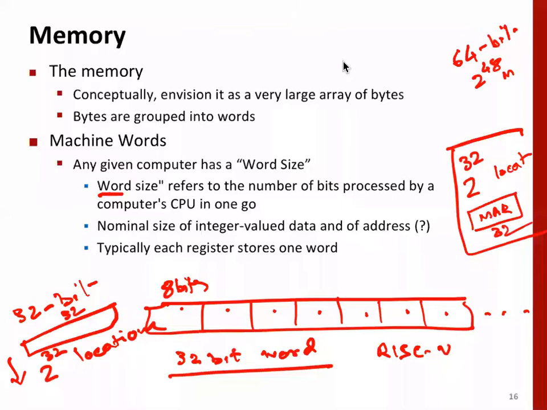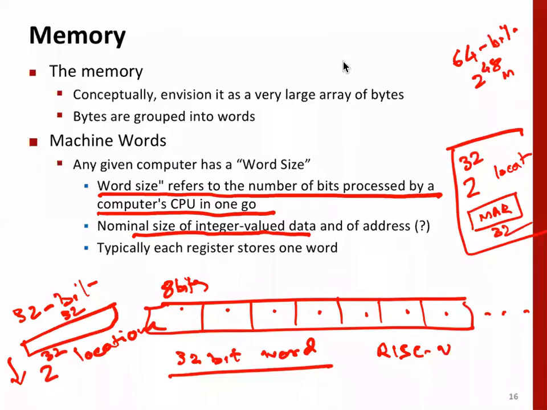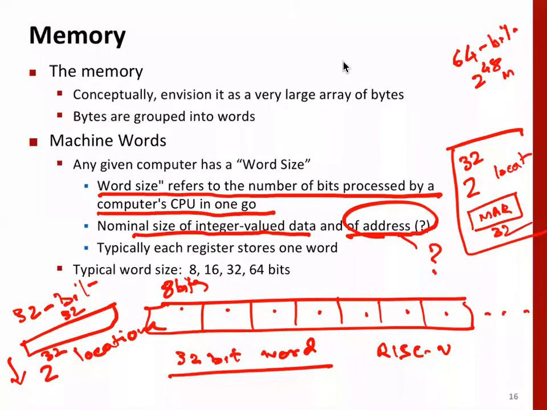In the literature you'll also find different things. Word size refers to the number of bits processed by the computer CPU, or ALU, in one go. It is the nominal size of integer values, data and of addresses. Now, address is of course a question mark. Typical word sizes are 1 byte, 2 bytes, 4 bytes and 8 bytes.